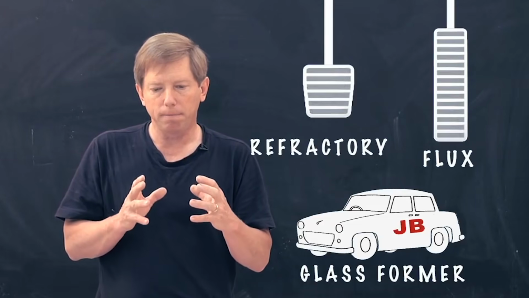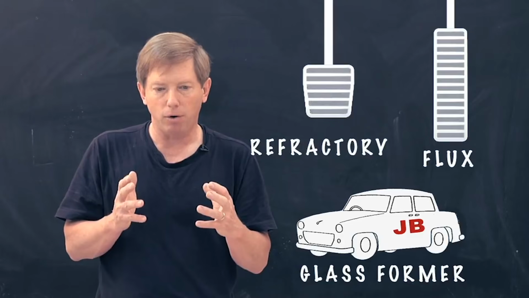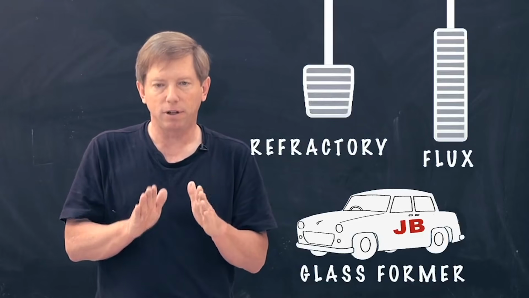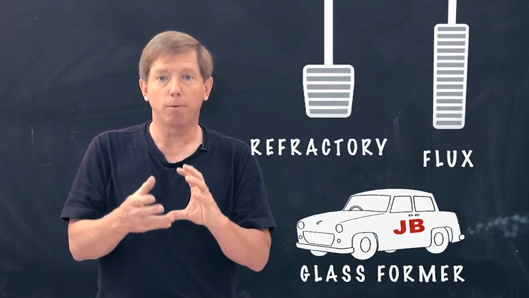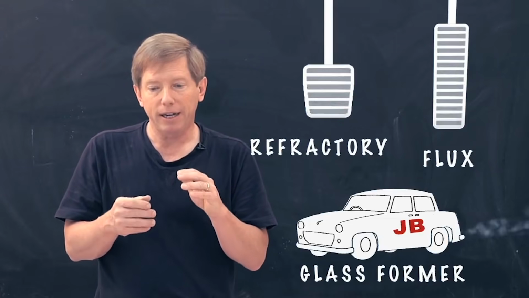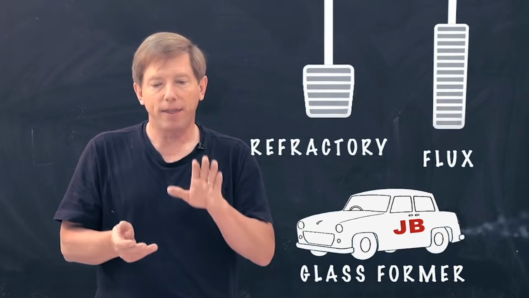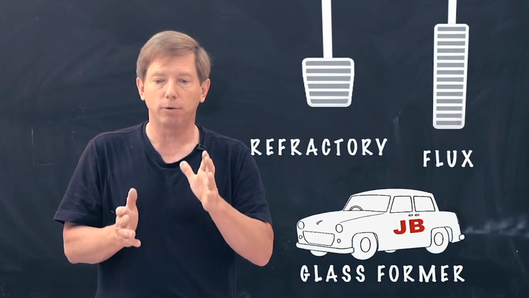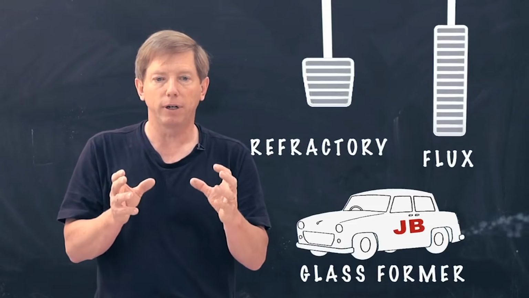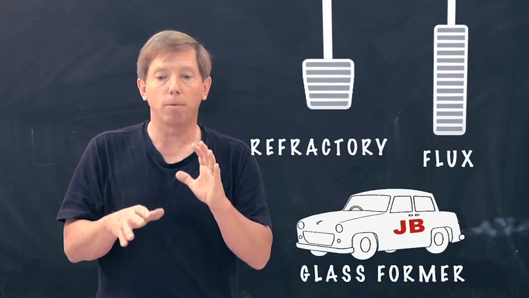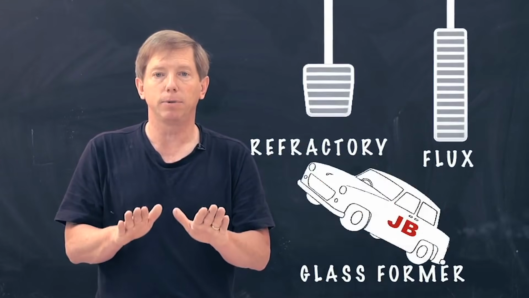So in order for me to get a glaze to melt, I have to press on the gas, add more flux. That'll make my glass former melt more. If it starts running off the pot, then I need to hit the brake, which is the refractory. So I can go back and forth just with flux and refractory in reference to my glass former and make a glaze melt at any temperature I want.